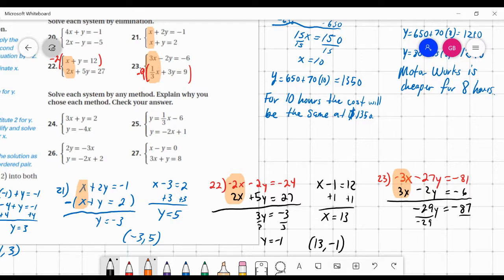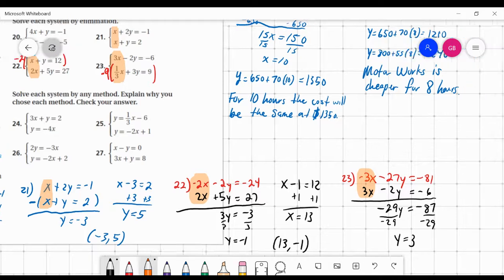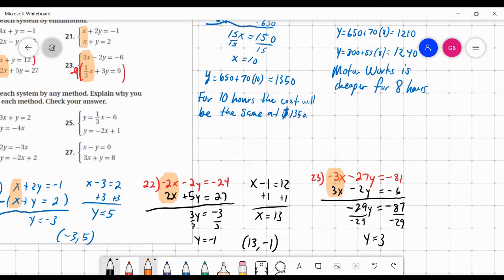Divide both sides by negative 29. Negative 87 divided by negative 29 is actually 3. So y is actually just 3. And since y is 3, I'm going to plug it into that top equation. 3x minus 2 times 3 is equal to negative 6. Add 6 to both sides. So 3x is equal to 0. Divided by 3. So x is equal to 0. 0, comma 3.